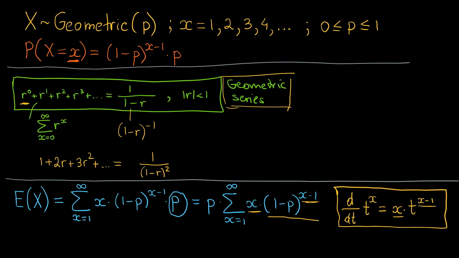And now let's see what it is that we got. So we got this identity here from taking the derivative of both sides of the geometric series. And how helpful is it?